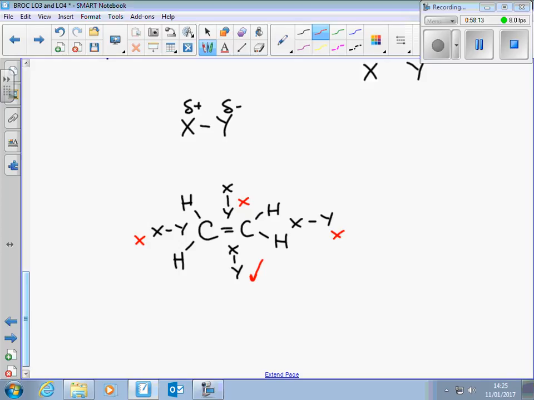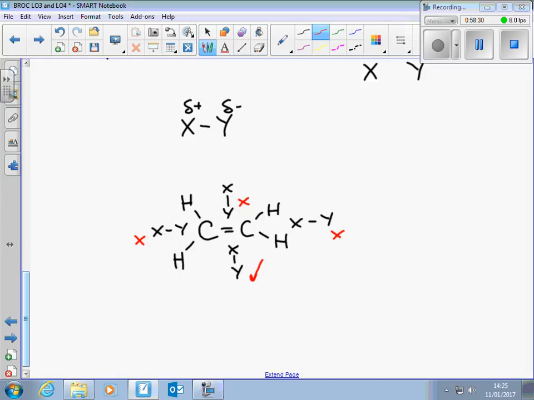Now the second diagram down on that side is a nice one. It is drawn so that the hydrogens are shown coming out of the page and going back in. If you look, you've got the wedge and the dotted line.